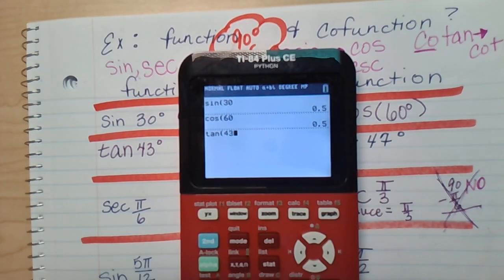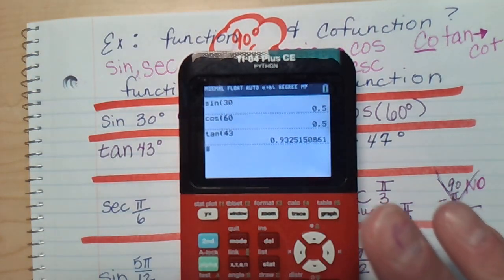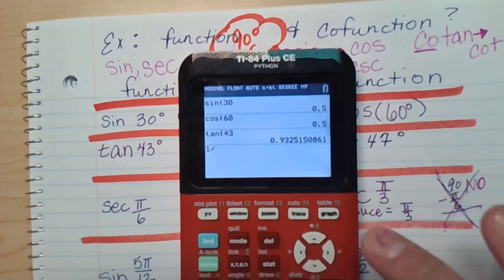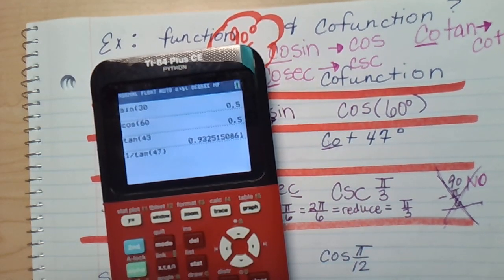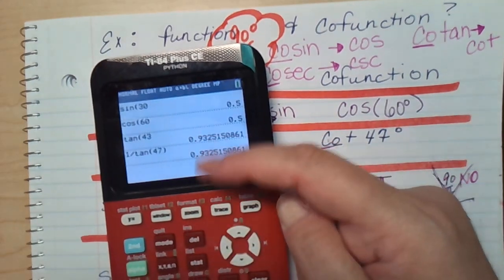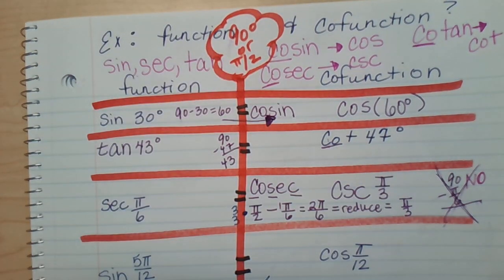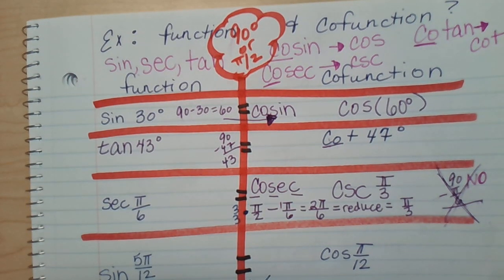Let me try. Cotan, remember we have to do 1 divided by tan, so it's funky. Hey, and look, those are equal. So that's the purpose of cofunctions. They could save us time.